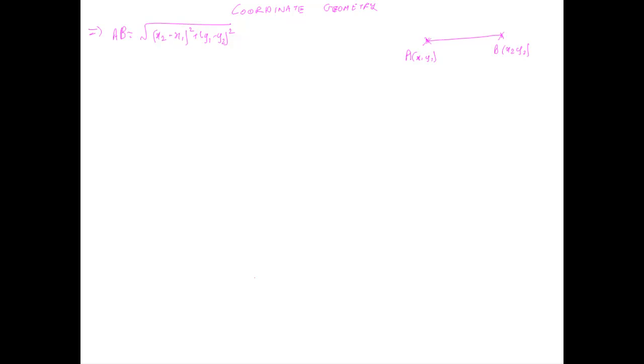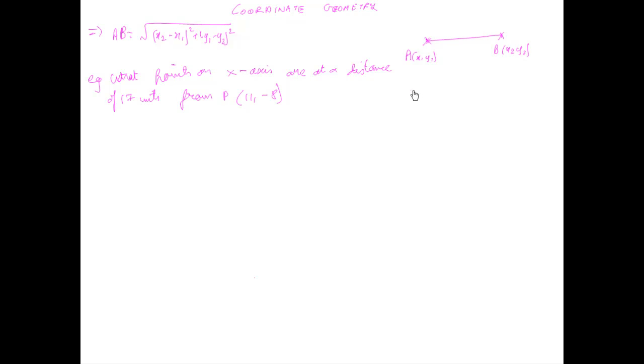What points on the x-axis are at a distance of 17 units from the point P (11, -8)? The question says, what points on the x-axis are at a distance of 17 units from point P, coordinates 11, -8.